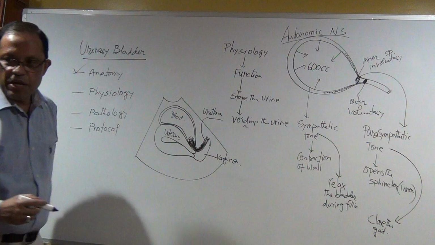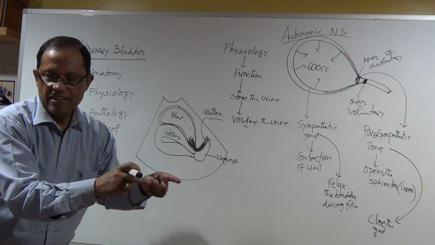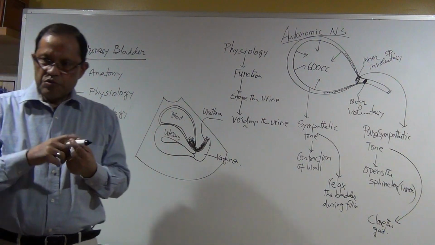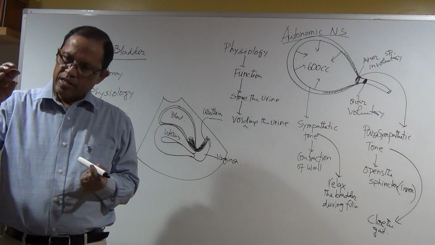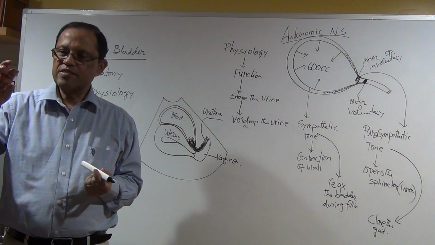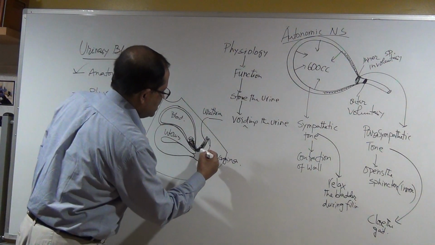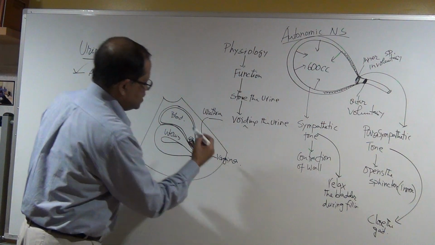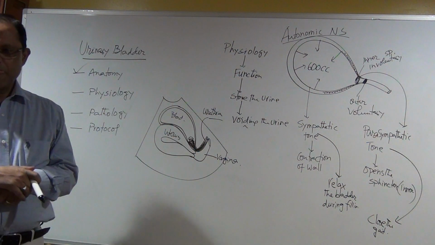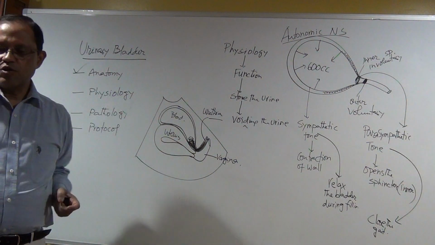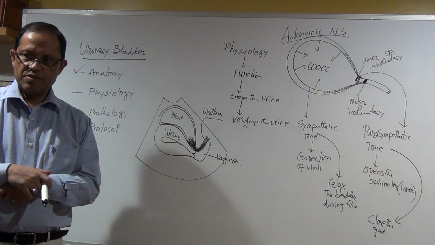When it is open, the urine rushes. When it is closed, there is no urine. If you see it is opening and closing, so this is incontinence. So one time you will see the urine is coming here and another time there is no urine. If you record it, then the doctor will say there is an incontinence of the urine.